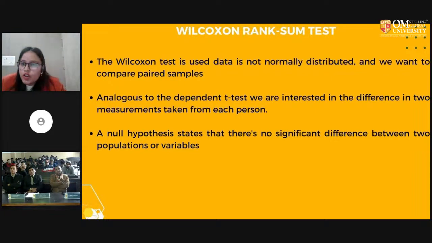If the data is not normally distributed and you want to compare two paired samples, then you have the option of using the Wilcoxon test. Now, when we are talking about testing a hypothesis, you have one null hypothesis, which will state that there is no significant difference between the two populations or between the two variables in this particular sample. Okay. Next slide, please.